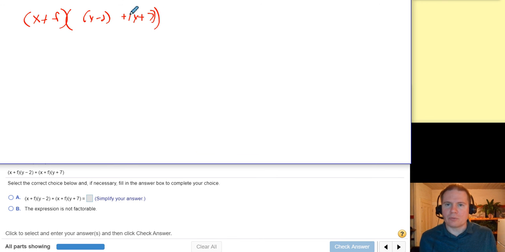Plus b. Right? Now, what's interesting about this a and b is when I'm adding, these grouping symbols don't matter, right? This is really just 4 terms, and 2 of these terms are the same. Y plus y is 2y. Here's some like terms. Negative 2 plus 7. Negative 2 plus 7 is 5, right? 7 minus 2, that's 5. So I put my parentheses around my x plus f.